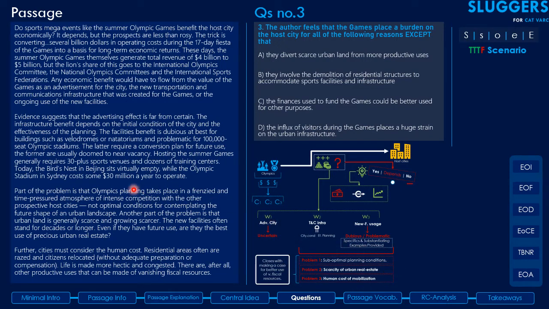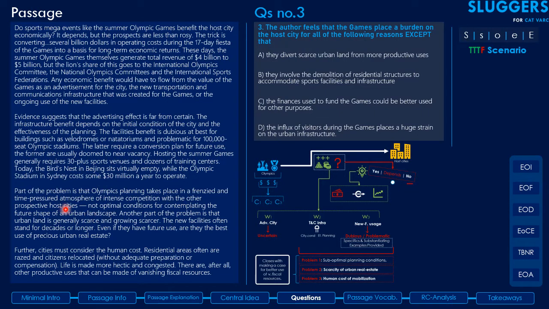He has listed the first problem in terms of the infrastructure planning. The second problem is with respect to the scars on the urban landscape, and the third problem is related to the relocation problem, the human cost, basically. Now, the author feels that the games place a burden on the host city. Which of these three problems would agree with this expression, the burden on the host city?